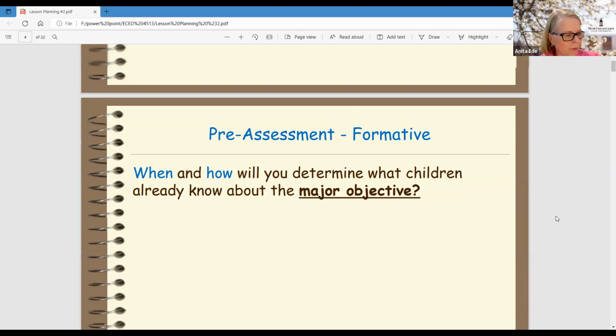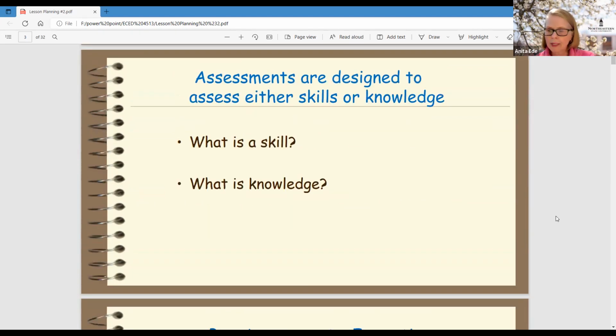When you have a skill, that's something that has to be assessed one-on-one. If you're trying to find out whether or not Johnny can count to 20, you cannot possibly assess all 24 children during whole group time, because that has to be done one-on-one.